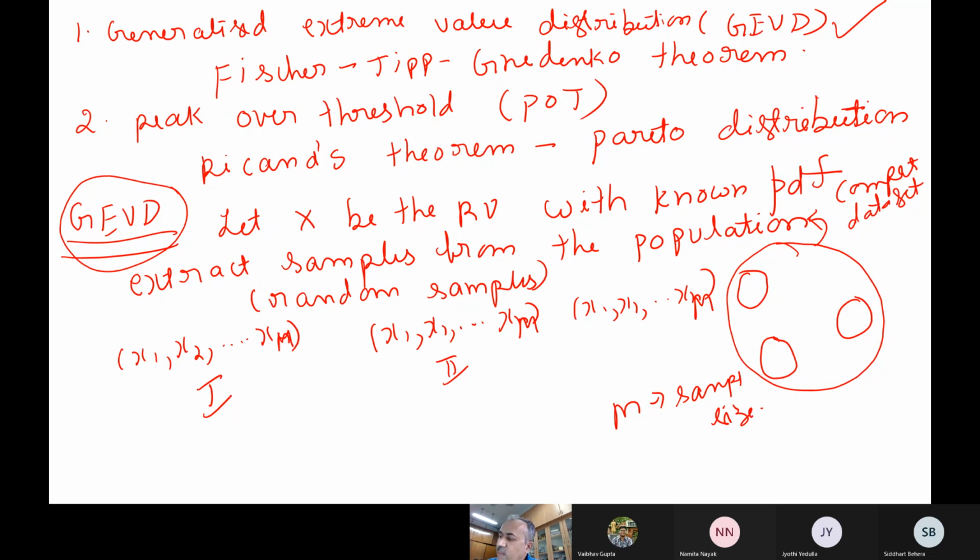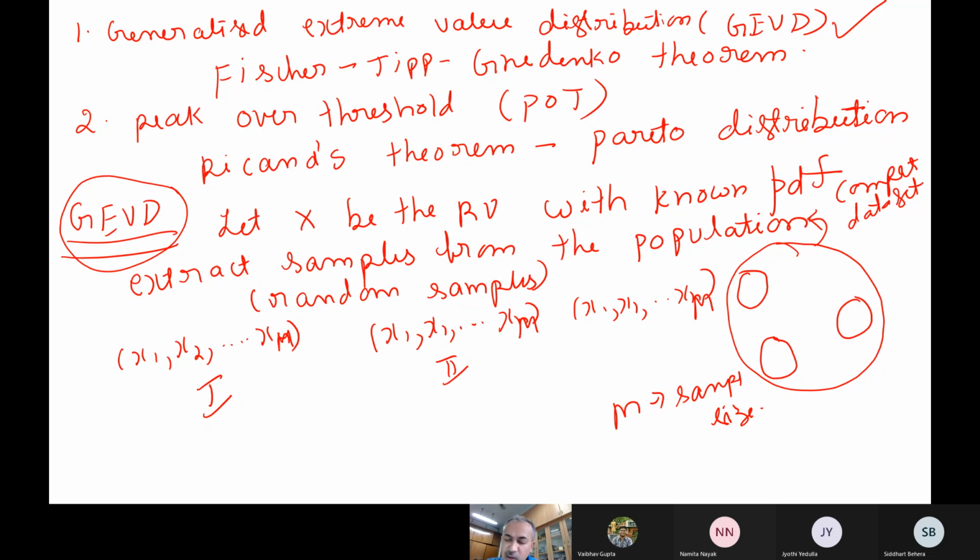In the example, I have a 1 lakh data set, and I have randomly picked up 500 numbers, one sample. Then from the same data set I have picked up another 500 randomly, another 500, like that.